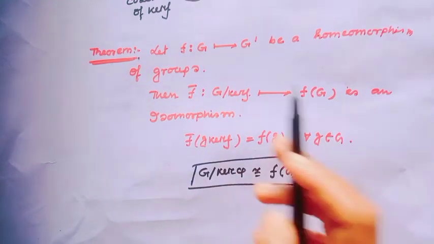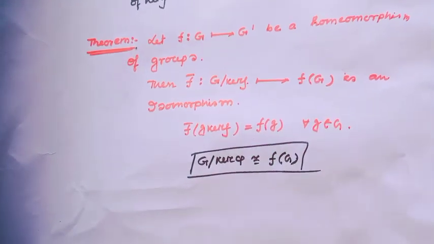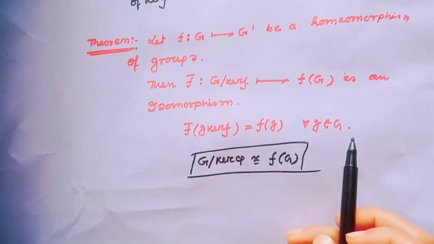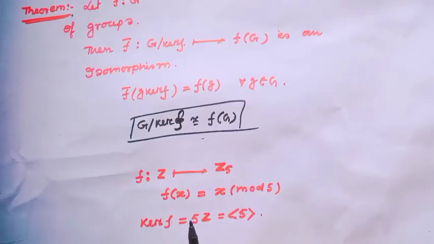That means these two groups are isomorphic to each other, such that f bar of g ker f equals f(g), for all g in capital G, that means G mod ker f is isomorphic to image f(G). Okay. Let's see one example.